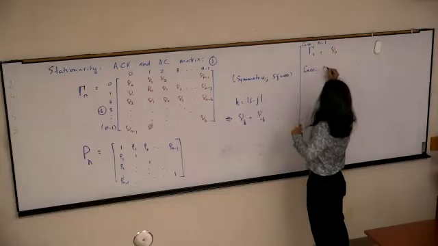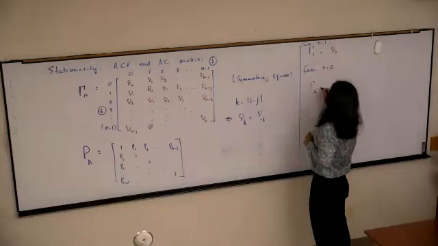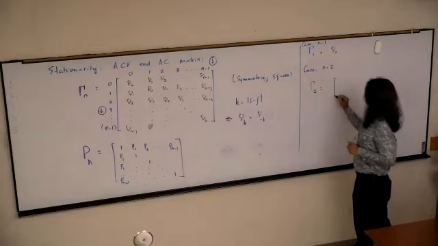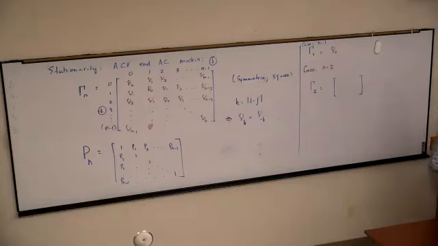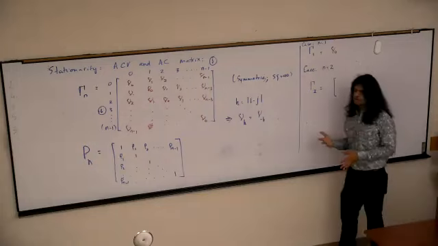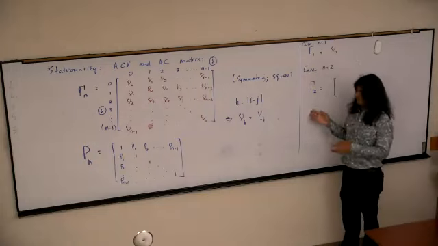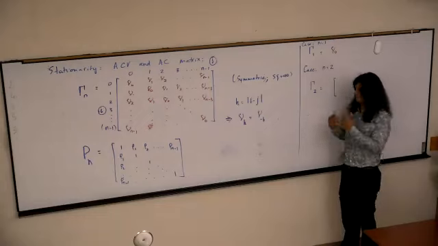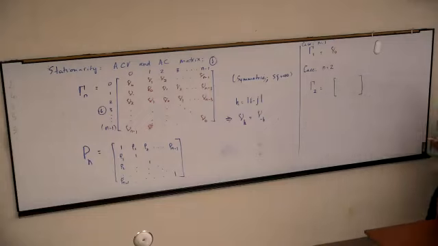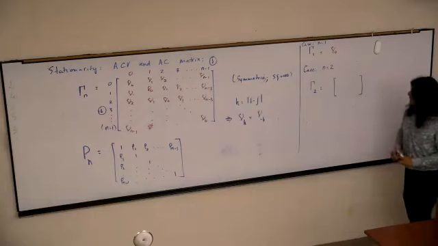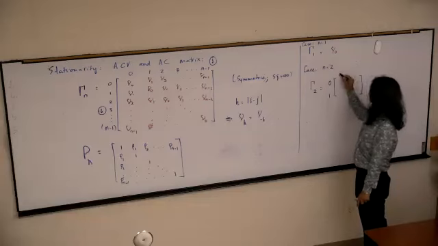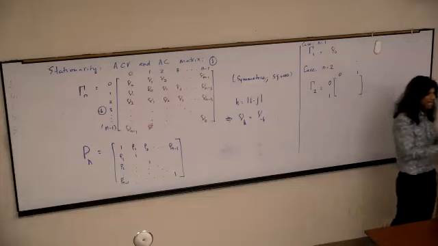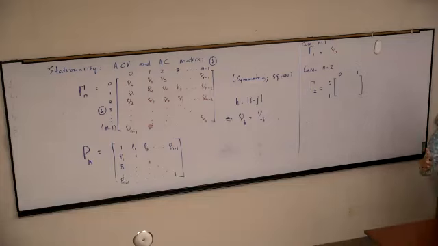Case n equals 2. Now we will have a 2 by 2 matrix. You do have to keep in mind, if you Google this, some might start with 1, some would start with 0. Do pay attention; this is better in my opinion. So 0, 1, 0, 1. You have a lag of 1.